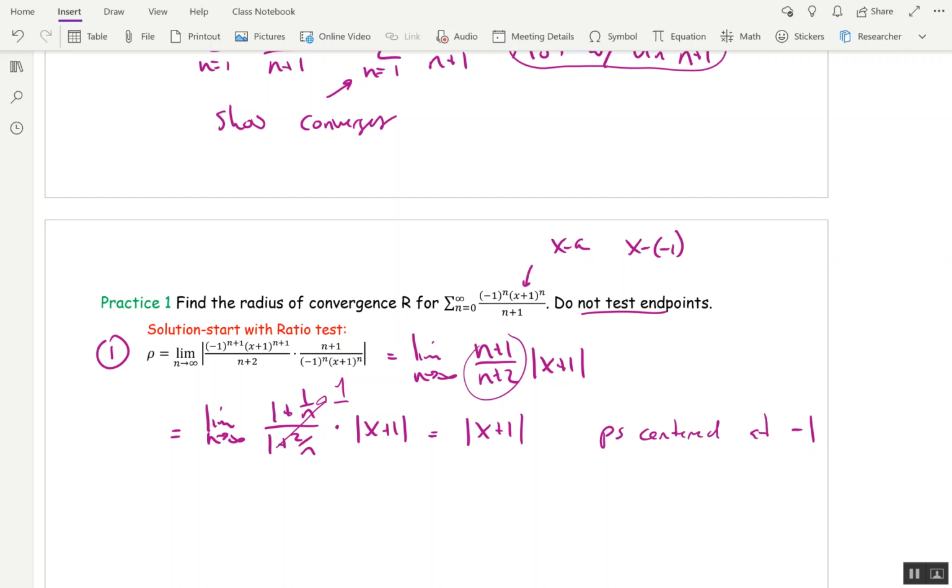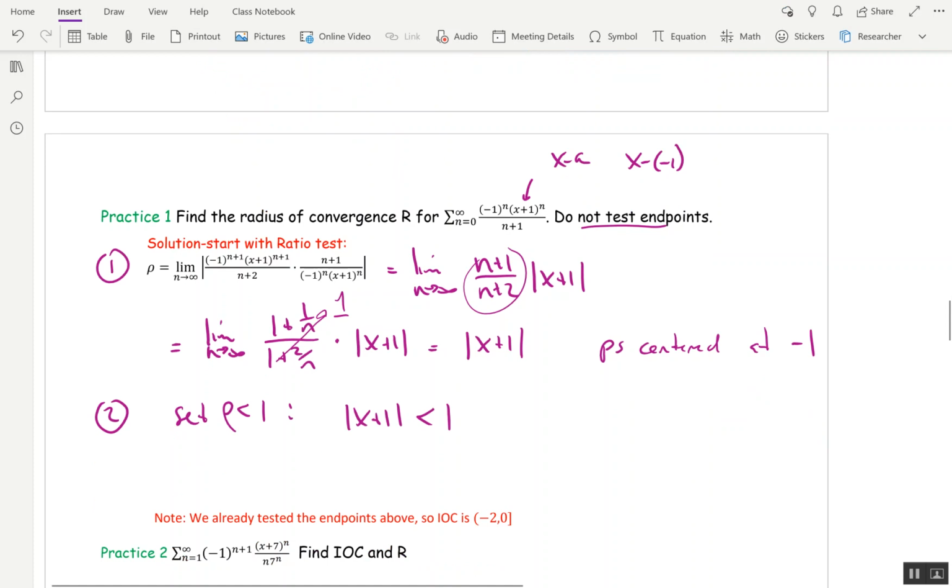All right, but everything goes the same way as the flow chart. I mean, you just have to generalize. So in this case, we're going to take rho and set it less than 1. So we're taking absolute value of x plus 1, setting it less than 1. So we remove the absolute value, -1 less than x plus 1 less than 1.